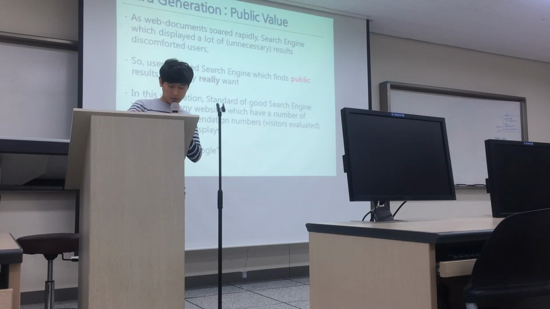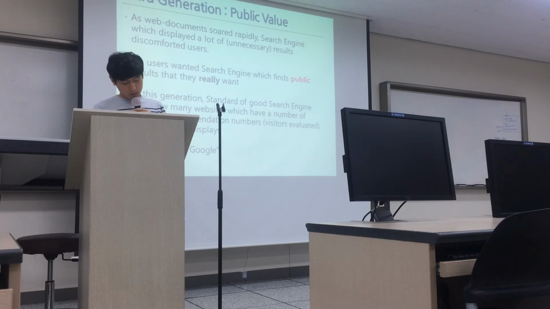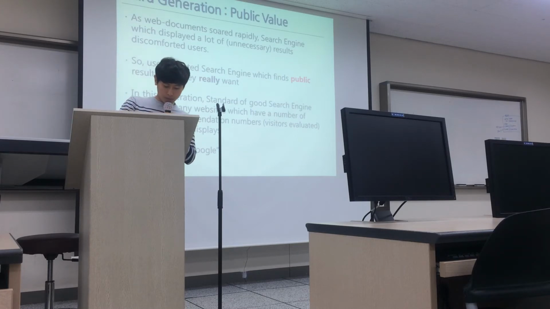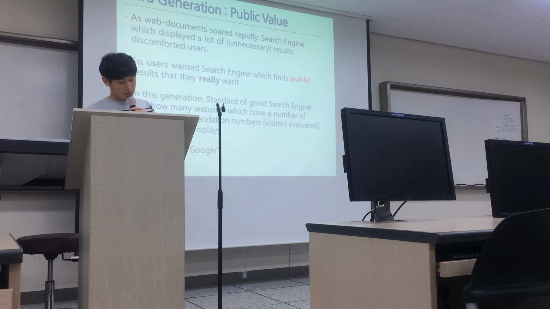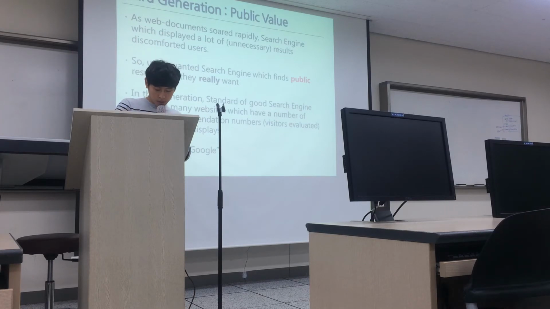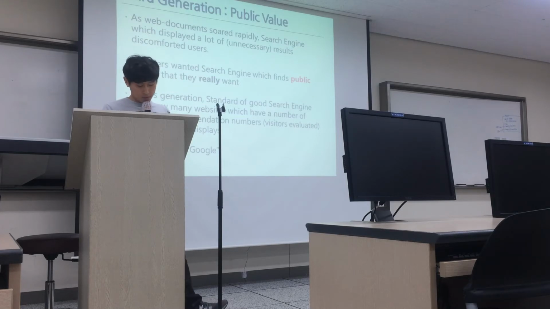In the third generation, a good search engine finds documents with public value. As web documents increased rapidly, search engines which displayed a lot of results discomforted users. So users wanted a search engine which finds probably the things that they really want.